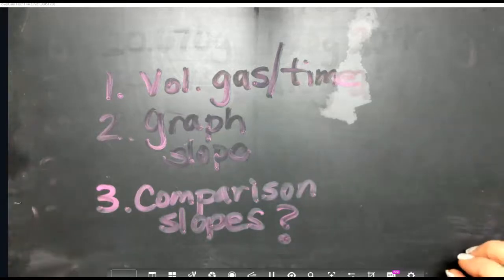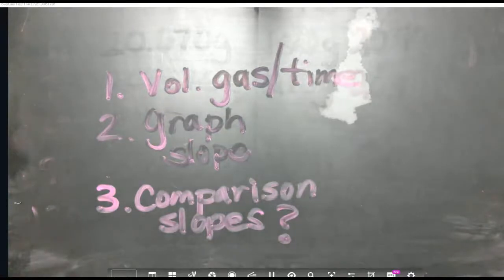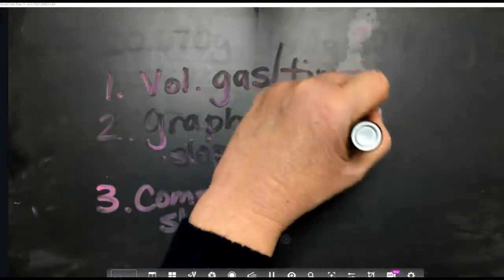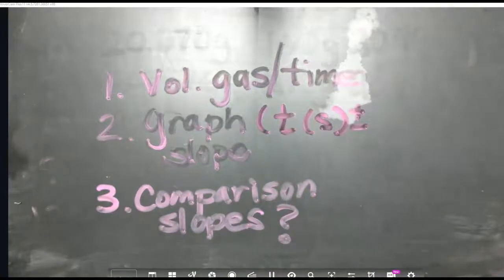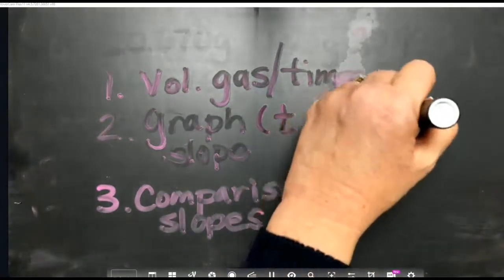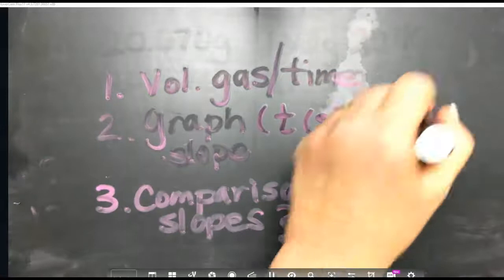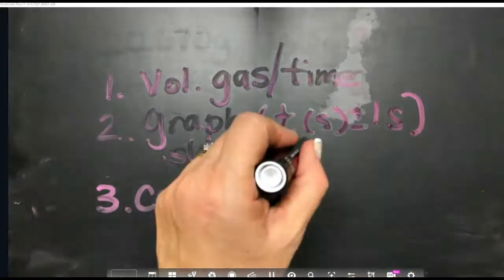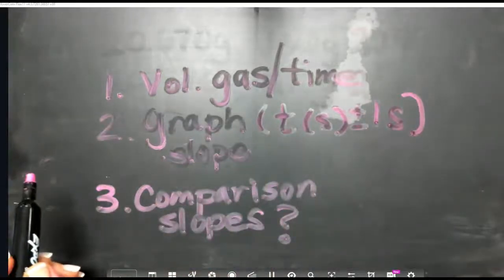I expect there to be a graph that is fully labeled. In other words, your graph will have time in seconds with a plus or minus. In this case, it's plus or minus 1 second because we were using a digital device. And we are also going to have a unit label for the volume.